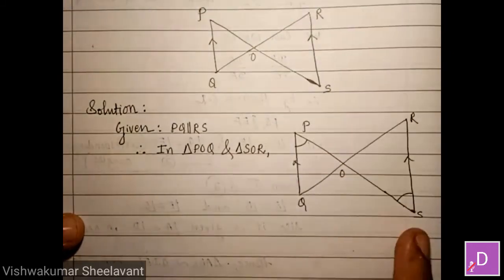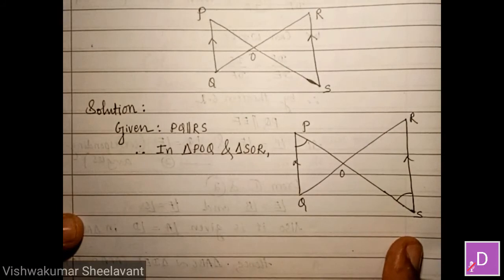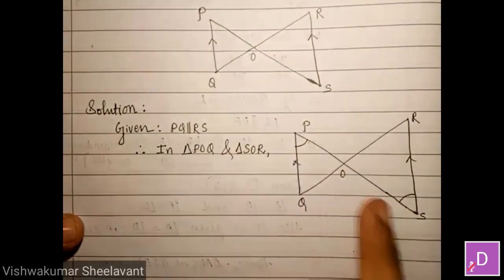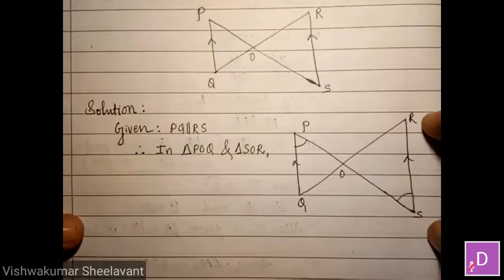Angle P is equal to angle S, because these two become alternate angles because these two are parallel.